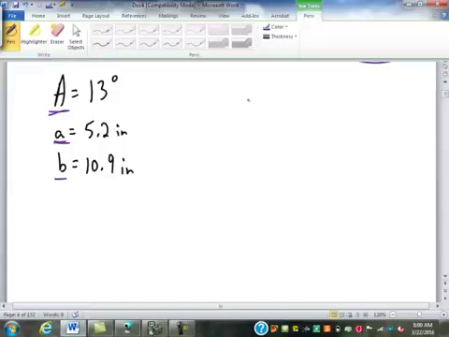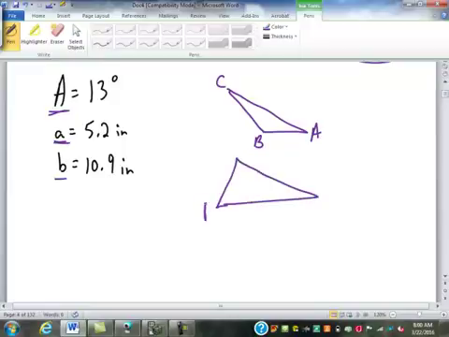There will be two possibilities here, like this, or like this. How do we know which possibility it is? We don't right now. We have no clue. Could be either one.